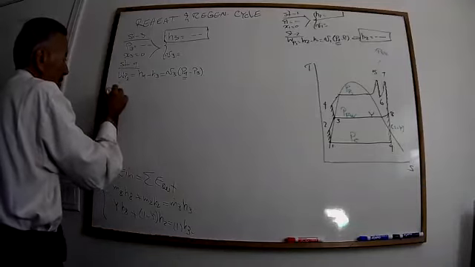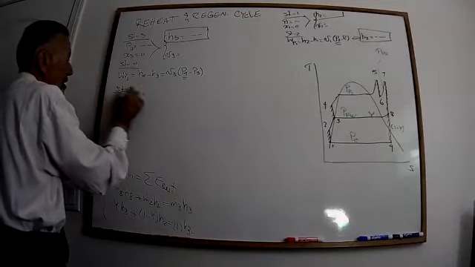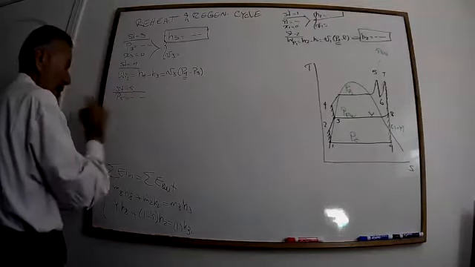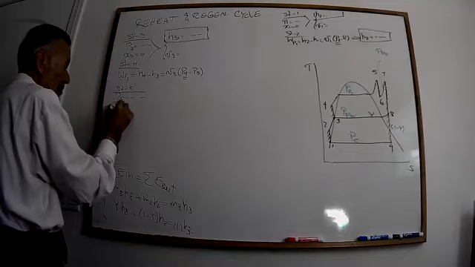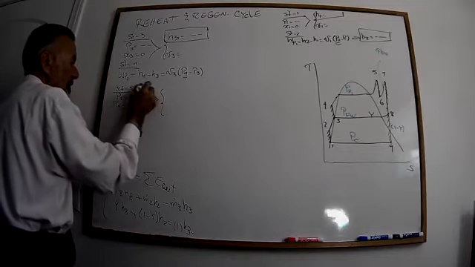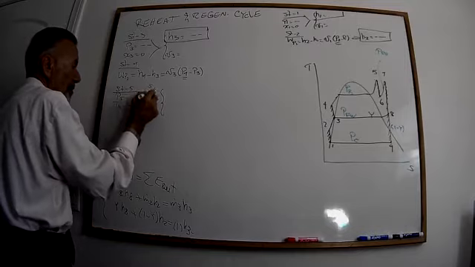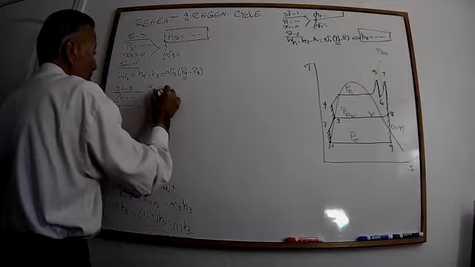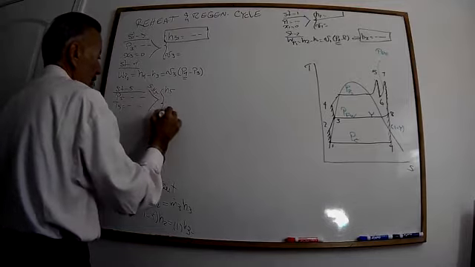At state 5, we have P5 equal to whatever value, and then we have a temperature at 0.5. In this case, go to superheated table, and we find the value of H5 and S5.